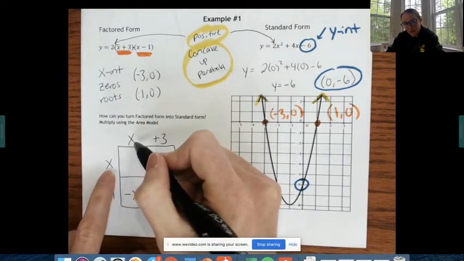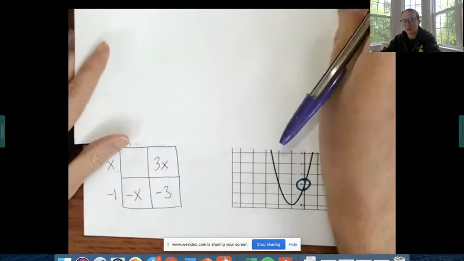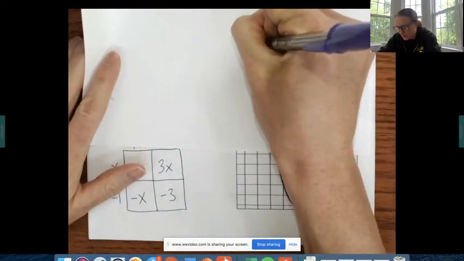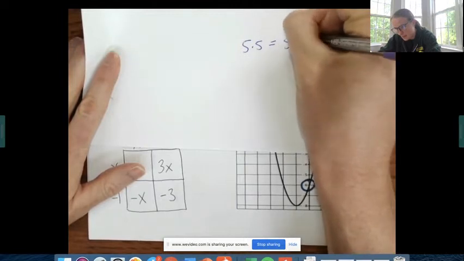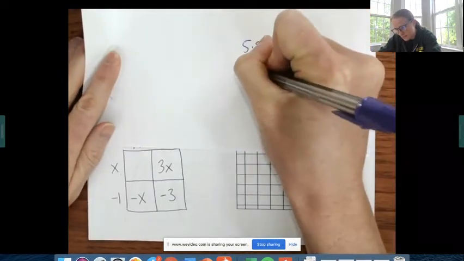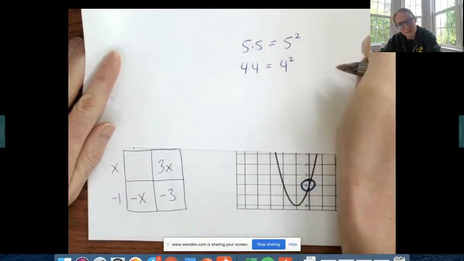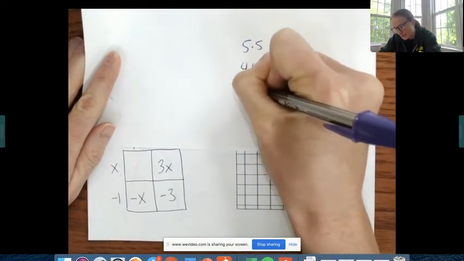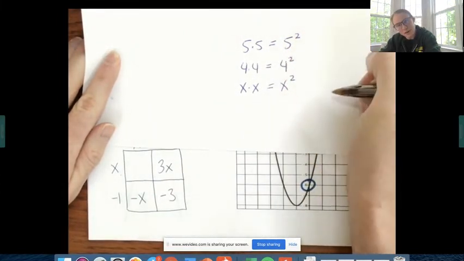And then here, x times x. Now this is a tricky one. Let's jump back to remembering what we learned. For example, if I do 5 times 5, we learned that this is the same thing as 5 squared. 4 times 4 is the same thing as 4 squared. So when we do x times x, that's the same thing as x squared.